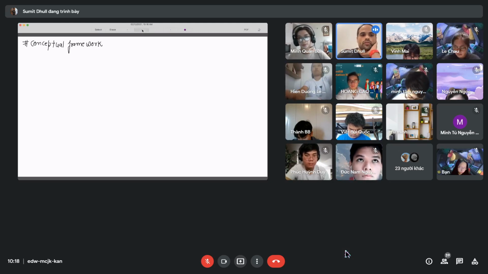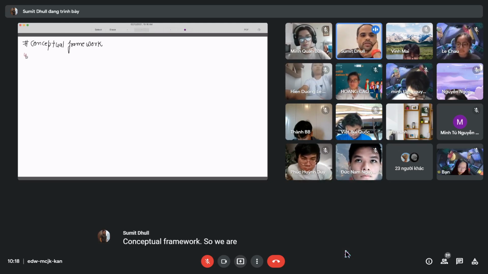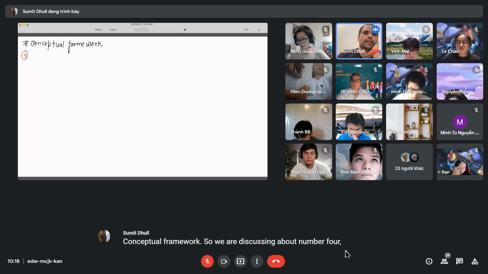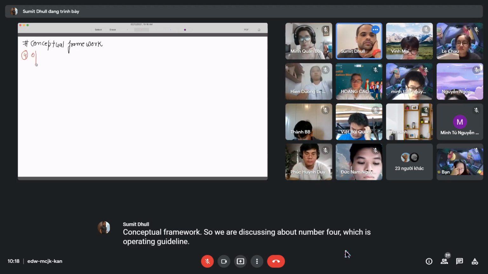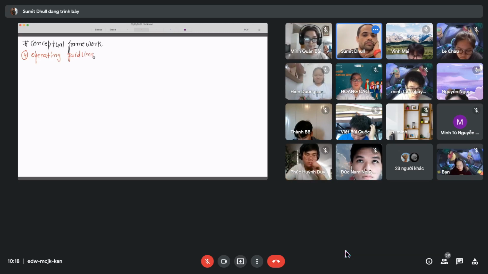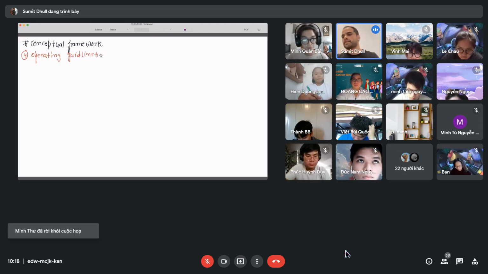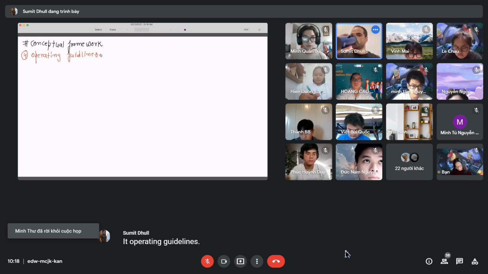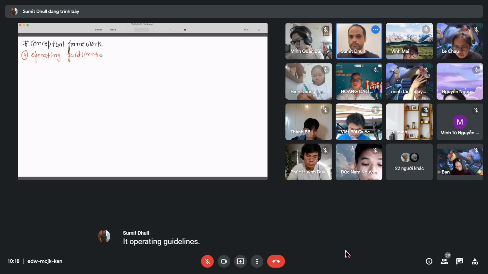Conceptual framework. So we are discussing number 4, which is operating guidelines.